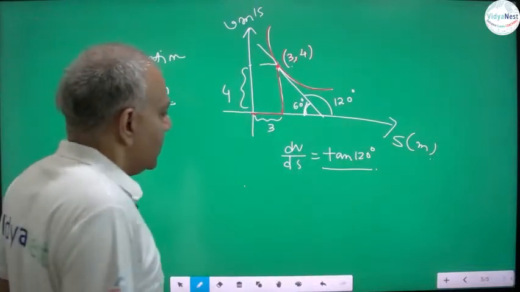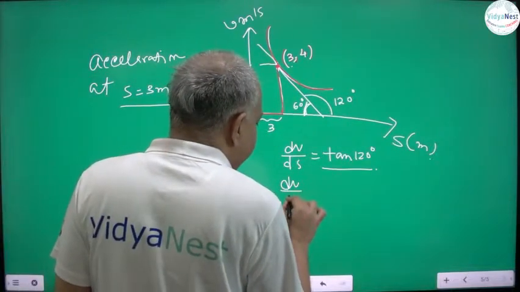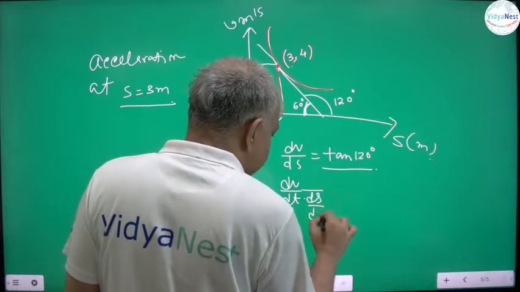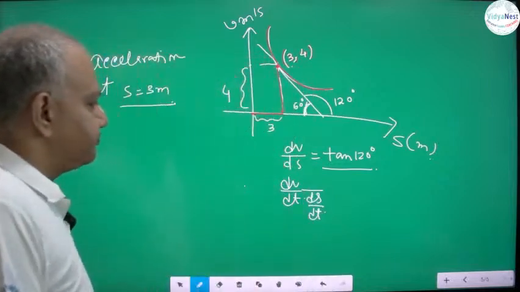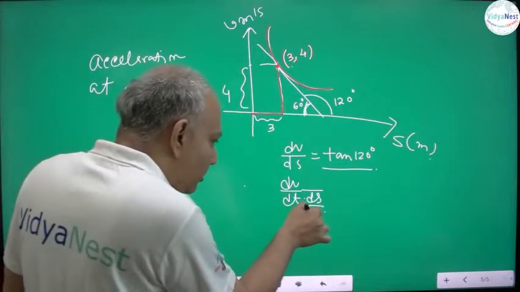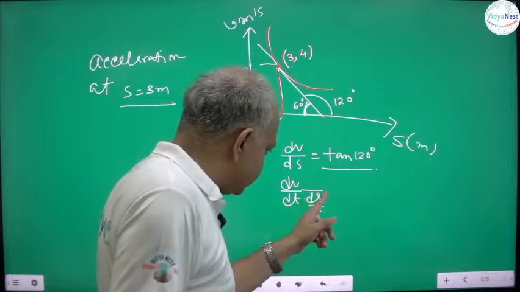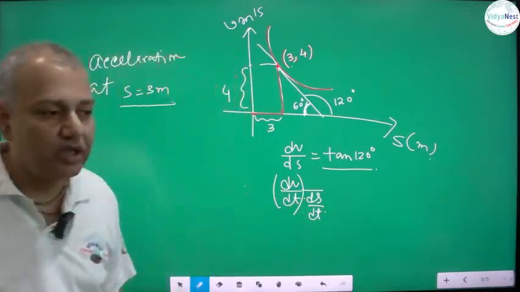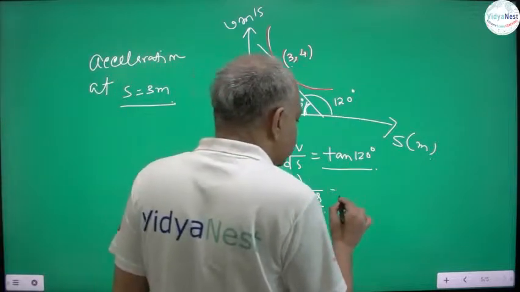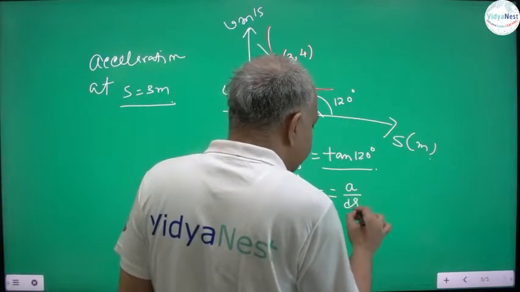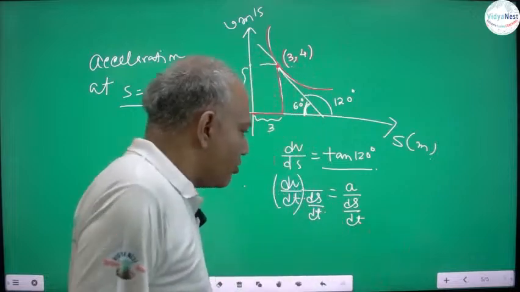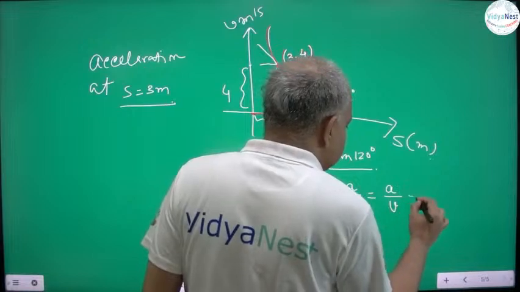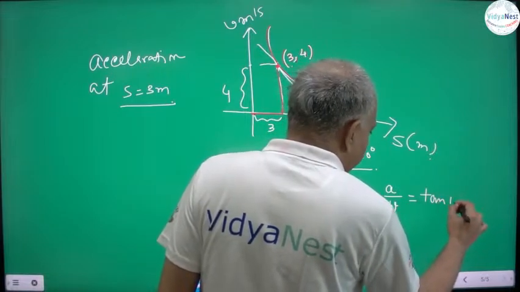Now see, it is dv by dt into ds by ds, but because ds cancels out, I shift it a little: dv by ds is the acceleration divided by ds by dt, isn't it? What is this ds by dt? This ds by dt is velocity. So acceleration by velocity is equal to tan 120 degrees.